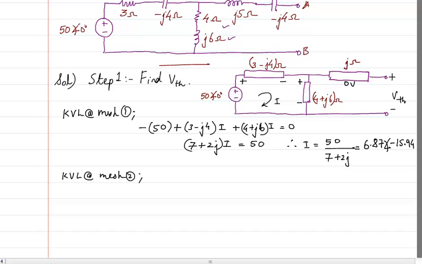So let me write it from the back of the element: minus 4 plus J6 plus VTH. So 4 plus J6 into I plus VTH is going to give me 0.